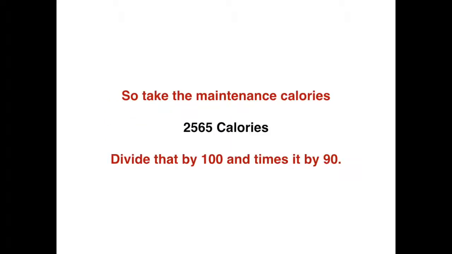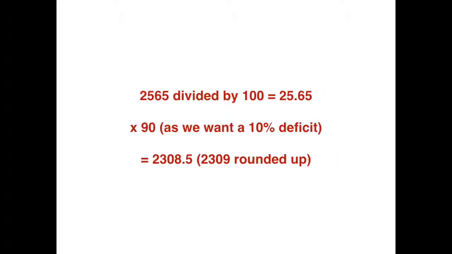This is how we're going to calculate a 10% deficit. So we take the starting calories, 2,565, divide that by 100 and times it by 90. So here's the maths. 2,565 divided by 100 equals 25.65.